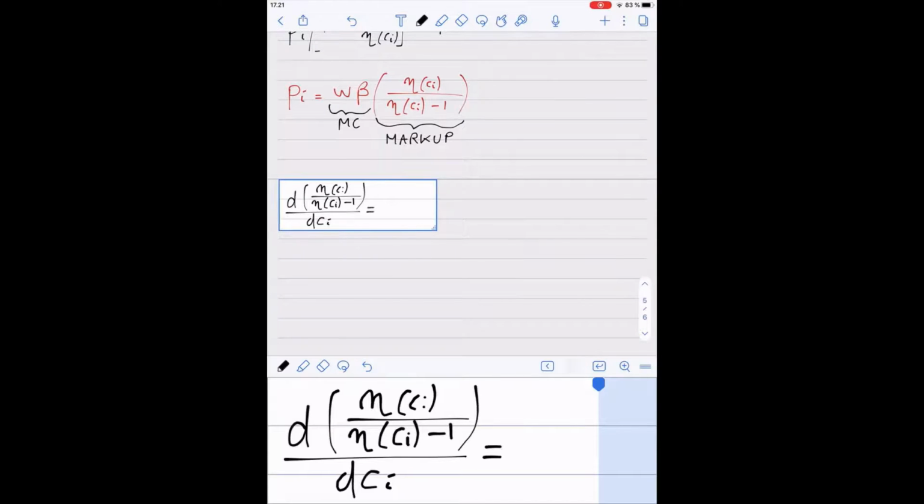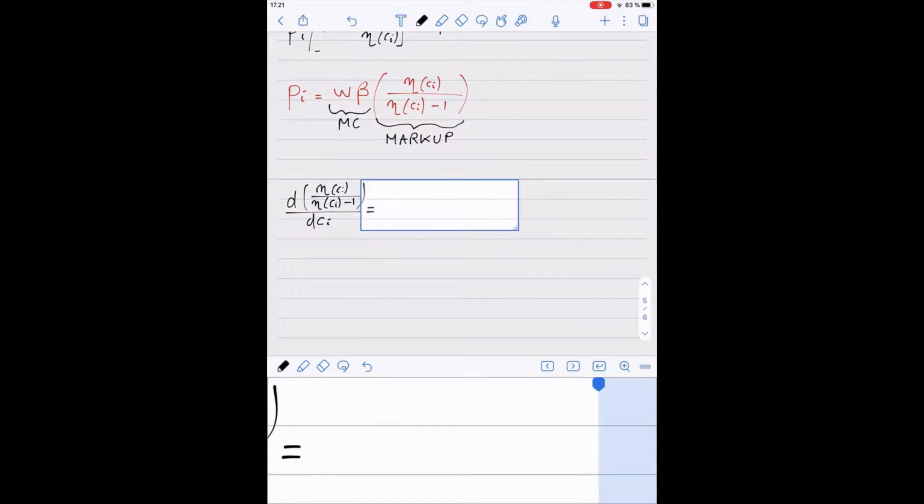Well, that equals, so derivative of the numerator, so eta prime, eta, I'll forget about the argument, eta minus 1. Then we have minus derivative of the denominator, eta prime, times eta.